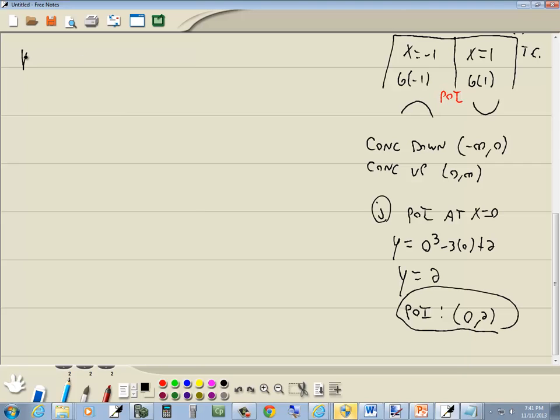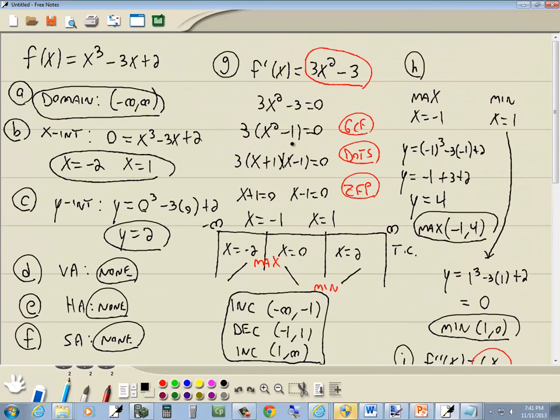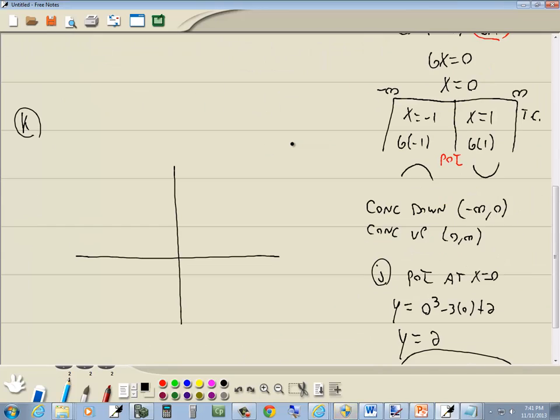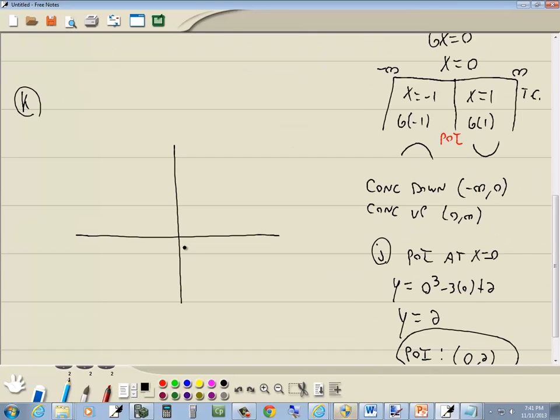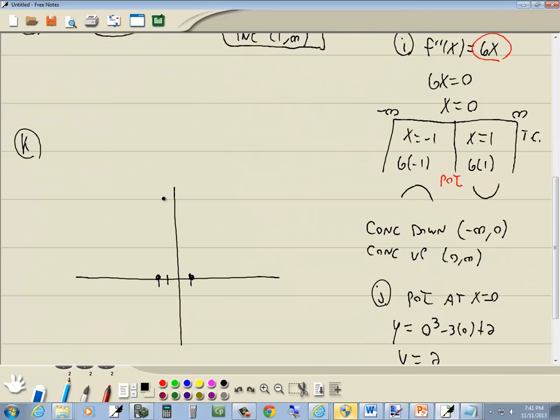Okay, our graph. Let's see. The x-intercept is at negative 2, 0. Our y-intercept is at 2, right there.